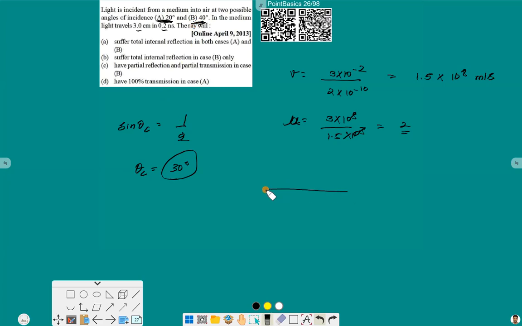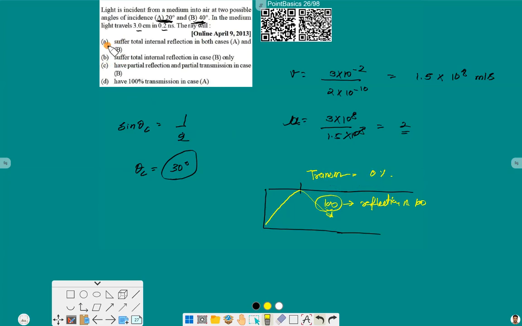And when total internal reflection happens, let me draw it. Suppose this is our medium and light strikes at this point, and if there is total internal reflection happening, it means the whole light is reflected into the same medium. Here reflection is 100% and transmission is 0%.